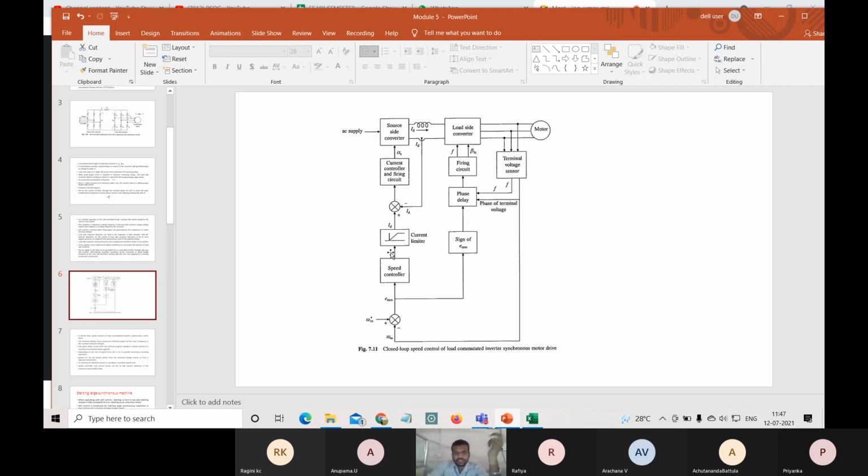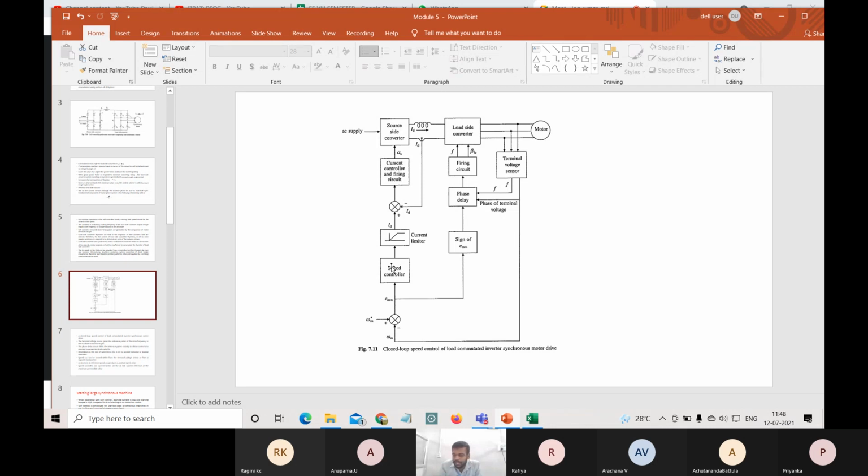So at starting, the machine starts accelerating fast, and when it gets close to the desired speed, the current limiter desaturates.